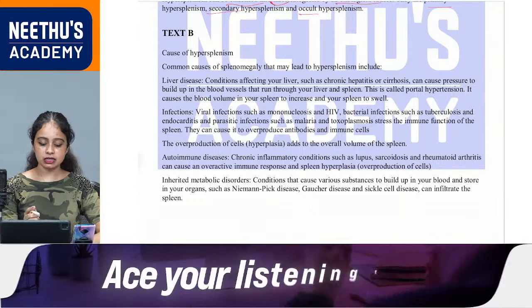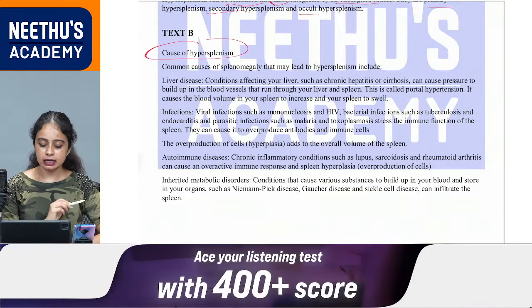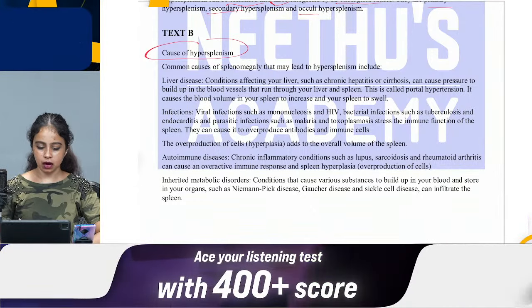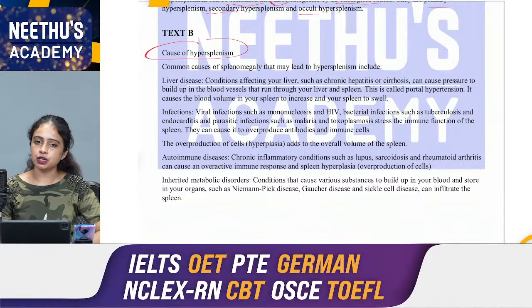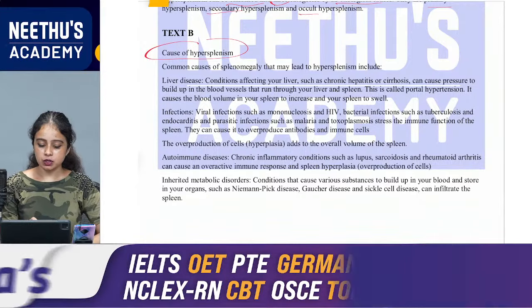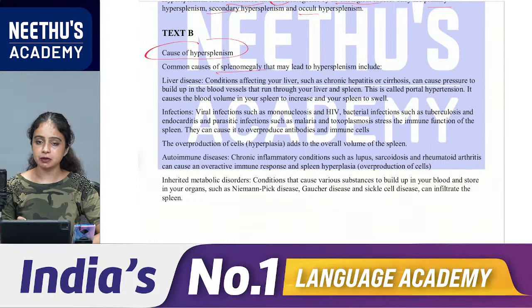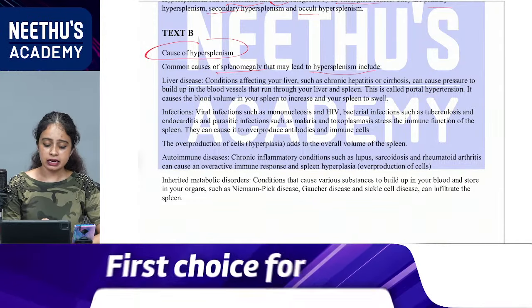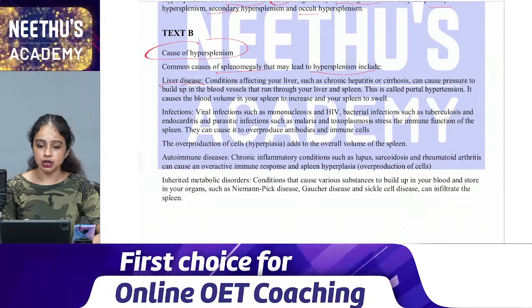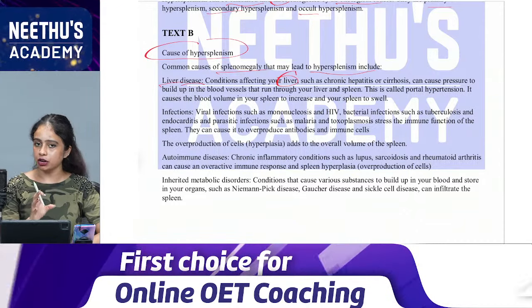I'm just marking the title, cause of hypersplenism. Okay, so what are the words here? What are your keywords? Okay, so splenomegaly, that is my first keyword from text B. Then hypersplenism, liver disease, conditions affecting your liver. Okay, that is a particular body organ, right?